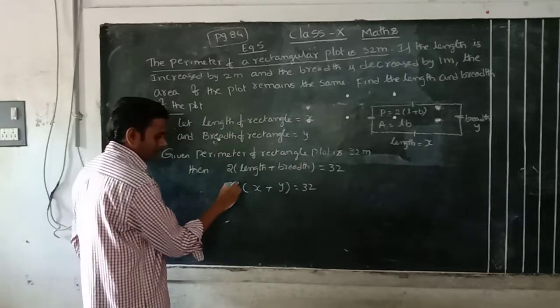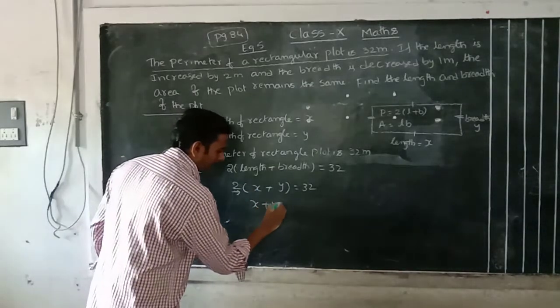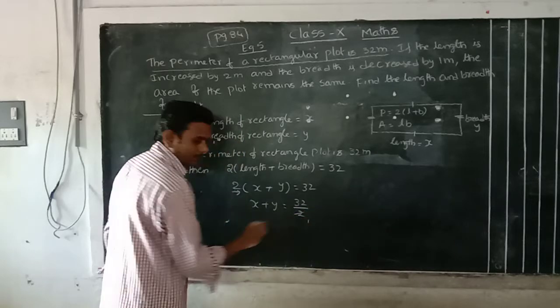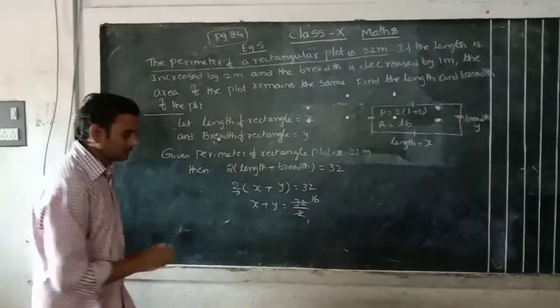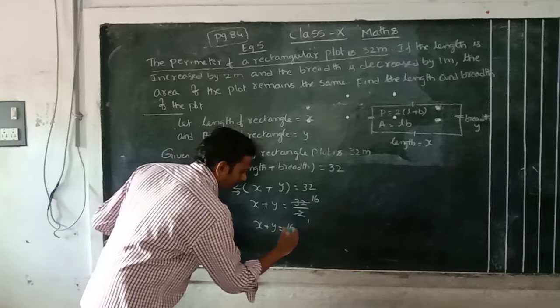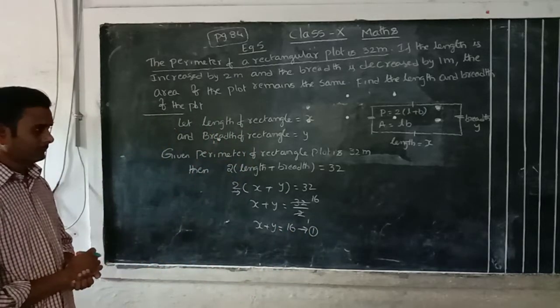Now we take the 2 to the other side: x plus y equals 32 by 2, and 2 sixteens are 32. So x plus y equals 16. This is equation 1.